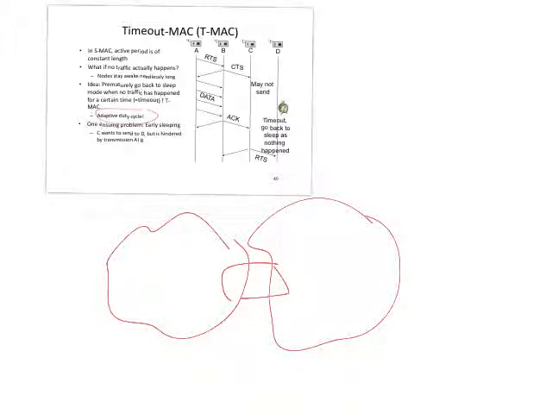But we have some control mechanism now to increase it, and SMAC doesn't do that. TMAC doesn't either, but it just uses this timeout to introduce some adaptive technique to the duty cycle. Okay, based on that, but it's not intelligent enough.